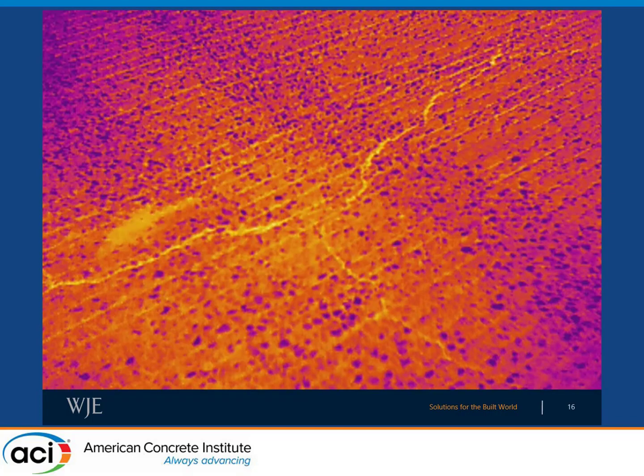Another cool feature about our particular set of UAVs is that we also have the ability to use an infrared camera. Infrared can help us see some cracks a little bit more clearly in this case. And I'll show later on that we can also use it to detect some delaminations and voids in the concrete decks.